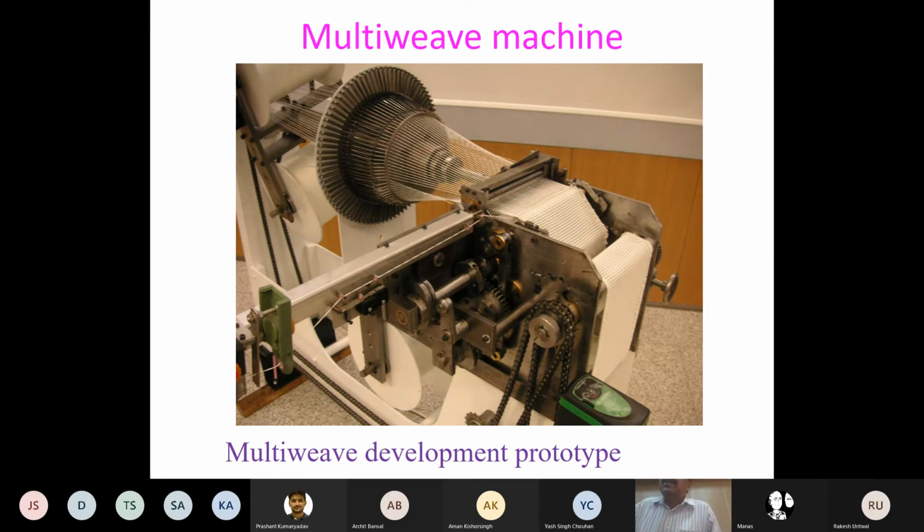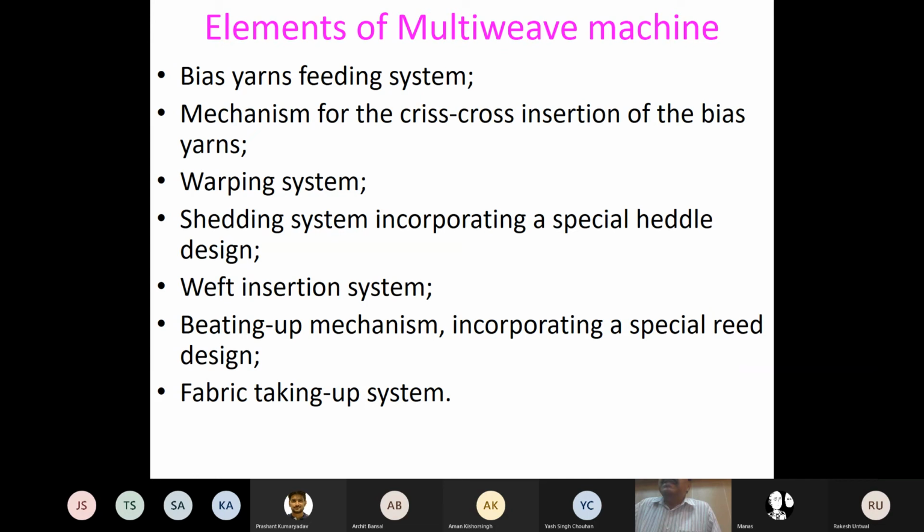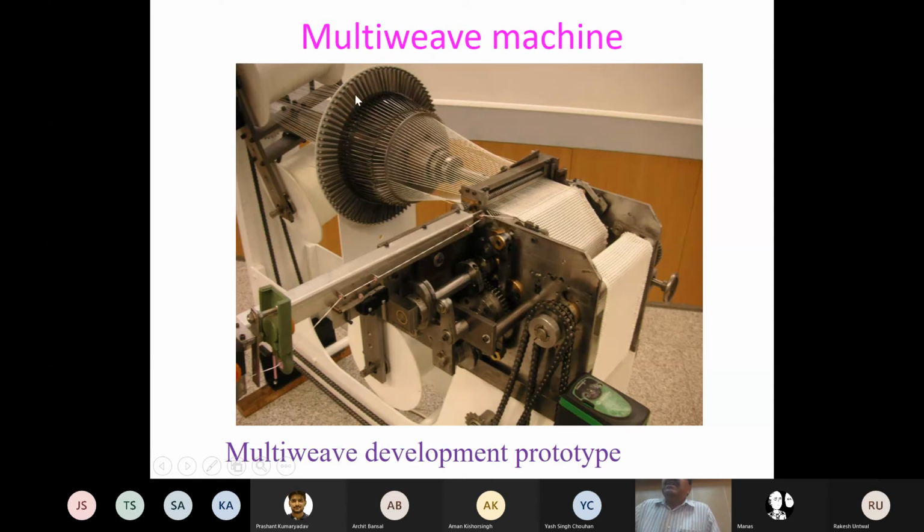Let us proceed to understand further how this weaving is taking place. All the points written here I have already told you. Bias yarn feeding system, mechanism for the crisscross insertion of the bias yarn. Crisscross in the sense that the motion given to this cylinder is to and fro, this way, that way, so that the yarn which looks straight now, when it makes a to and fro, means left, right, clockwise, anti-clockwise motion, when it makes anti-clockwise, these yarns will make 45 degrees in this direction.